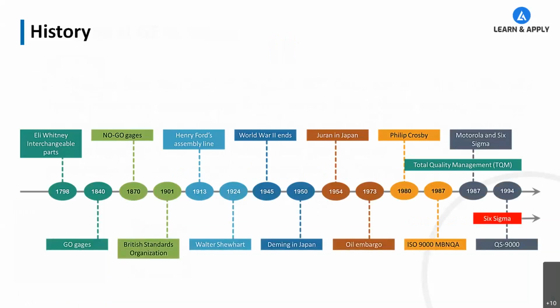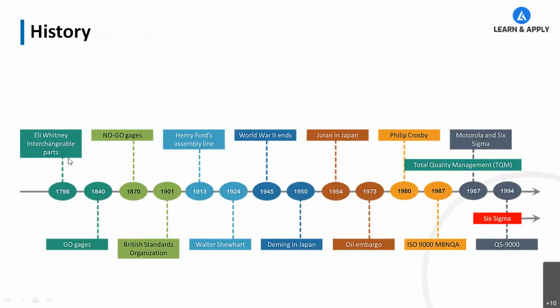We will just quickly look through the history of these improvement activities or quality systems and what happened during the last centuries. First it started with Eli Whitney's interchangeable parts.